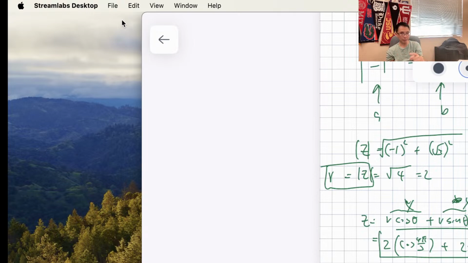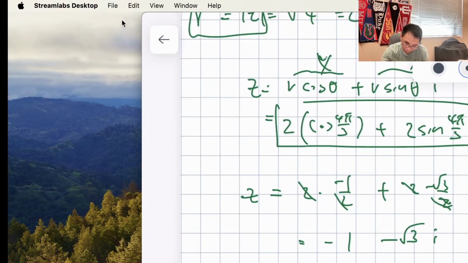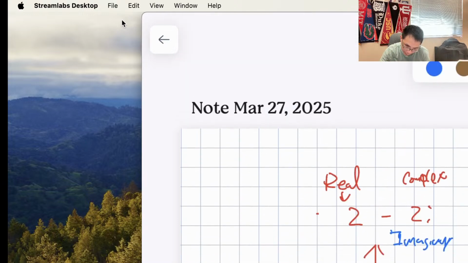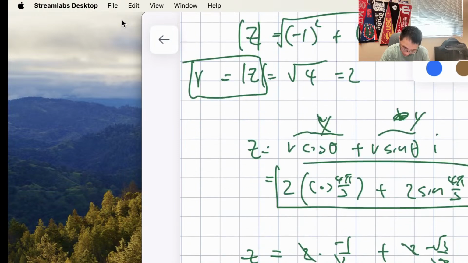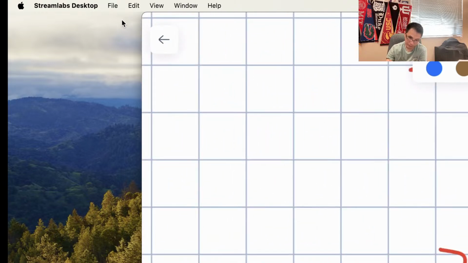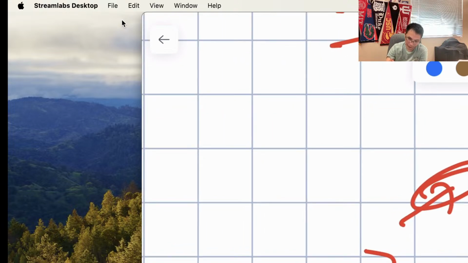The r's are going to multiply together. Remember, we're going to talk about z1. What did we say z1 was? 2 minus 2i. And z2 is going to be -1 minus square root 3 i. What is the modulus for the first one? What is the r, the absolute value of z? The absolute value of z here is 2 square root 2, right?